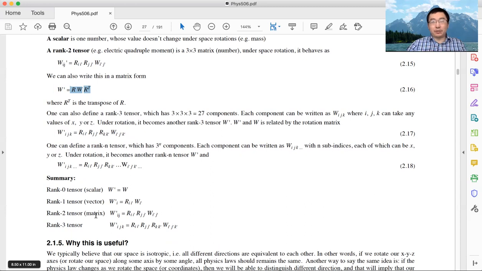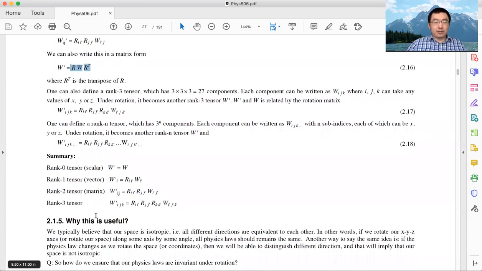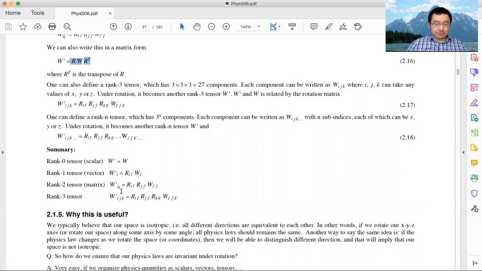We classify angular momentum based on the total angular momentum quantum number L, where L is 0, 1, 2, or 3. There is no half angular momentum in this classification; it only corresponds to integer total angular momentum. Nevertheless, we know that we can organize our physics quantities in this way, classifying them as scalar, vector, and matrices, rank 2 tensor, etc.